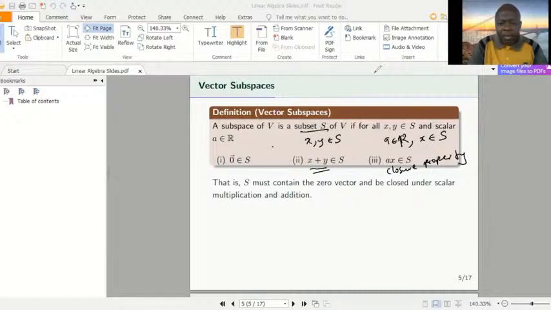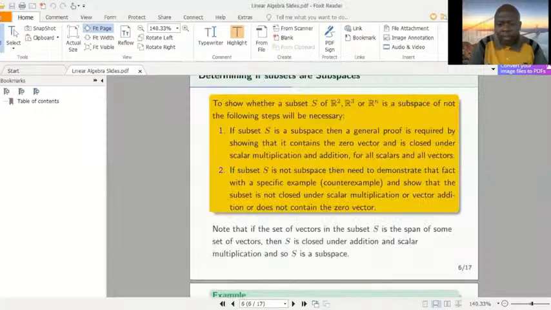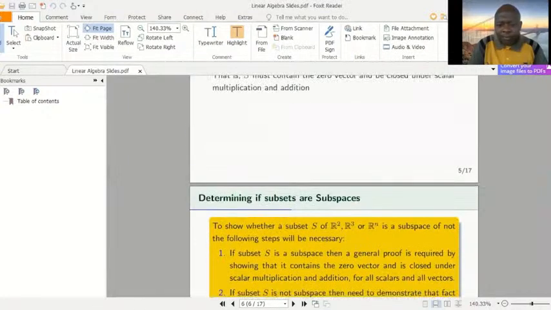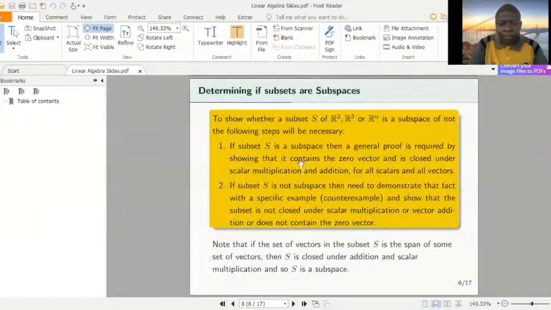So let's look at examples. Just before that, I've said determining if subsets are subspaces, and in fact, I'm just repeating what I've already said.